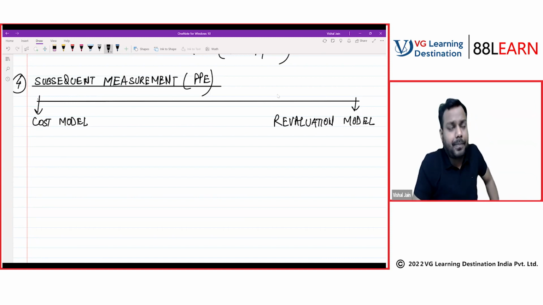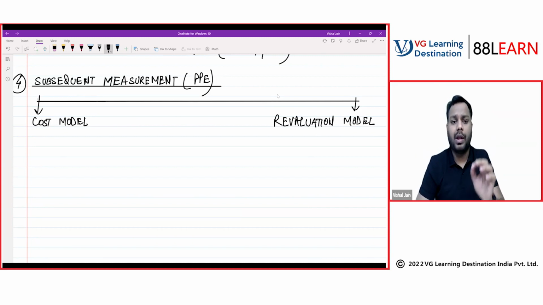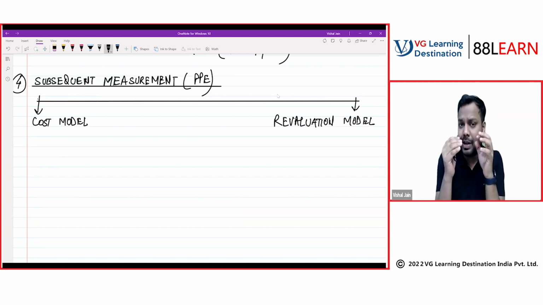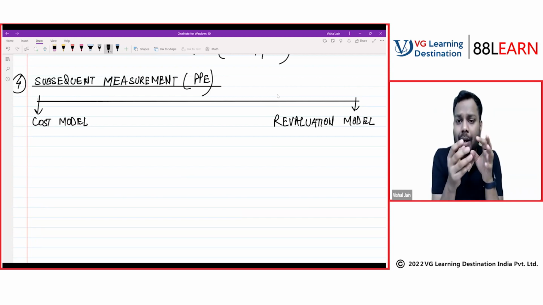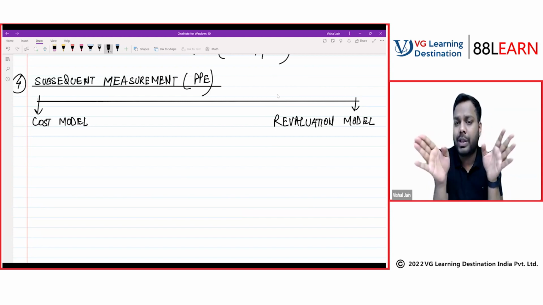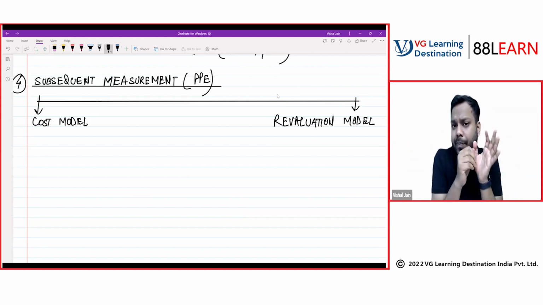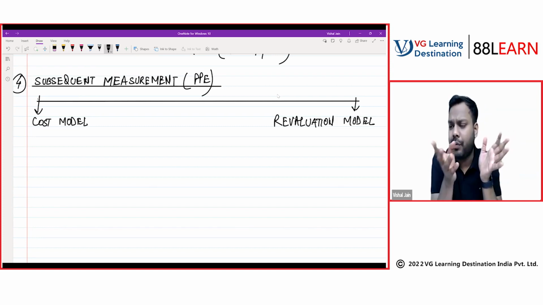Guys, understand that whenever you purchase any property, plant, and equipment, you can keep it at cost over the life of the asset. Generally, we record it at cost. But there might be instances for assets that you want to record the fair value. What is the difference between cost and fair value?